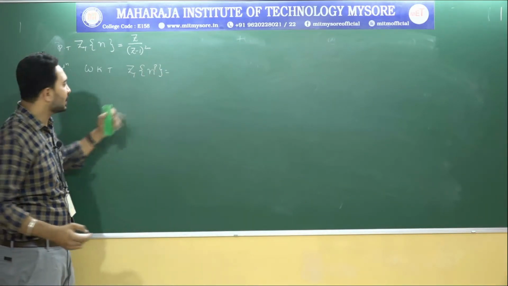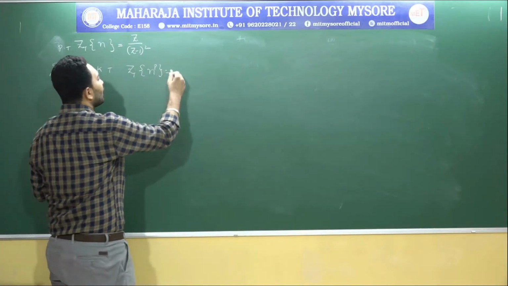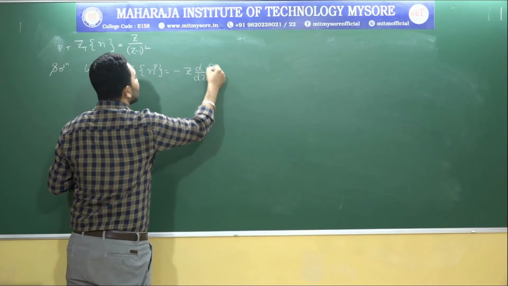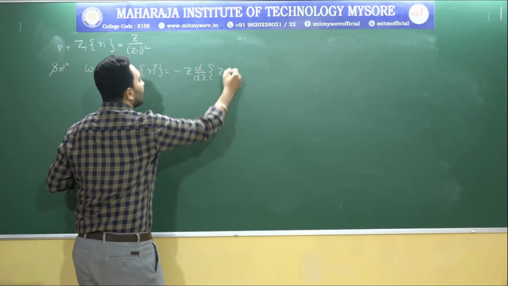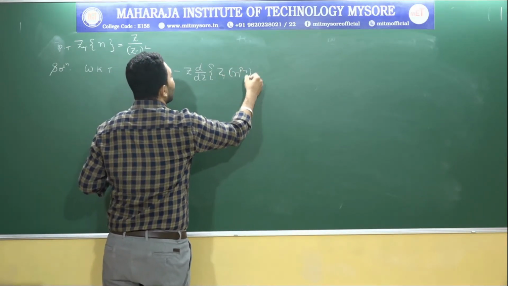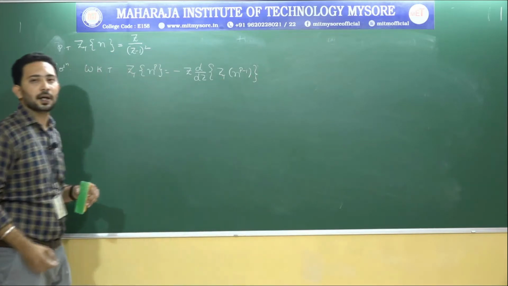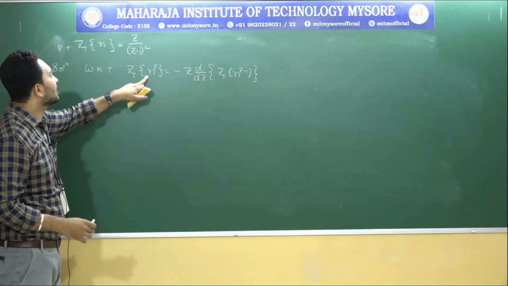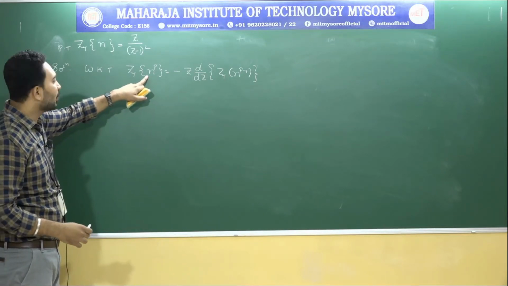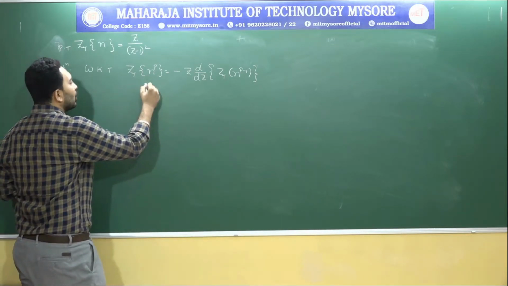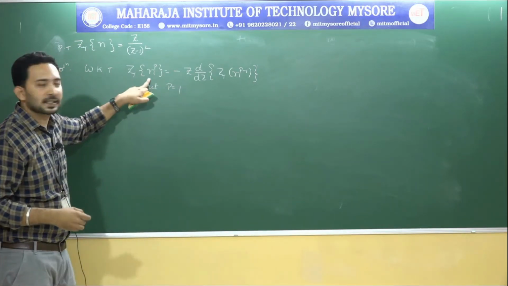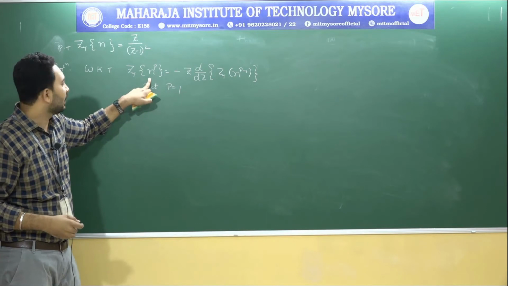Just now we have solved this problem, that is z transformation of n power p is minus z into d by dz into z transformation of n power p minus 1. I need to prove z transformation of n, so we have z transformation of n power p. So simply by putting p equals 1, we'll get z transformation of n.